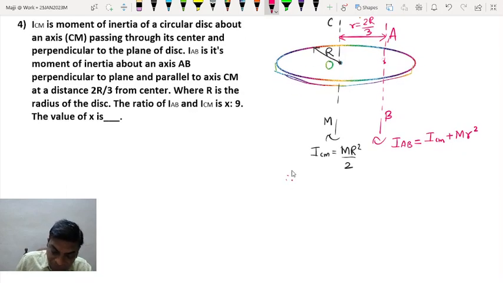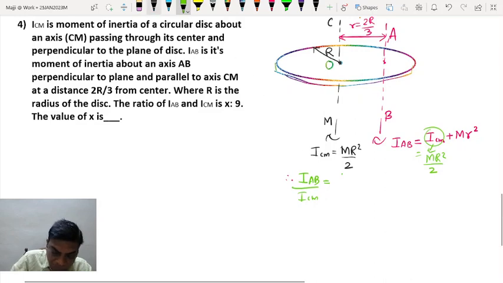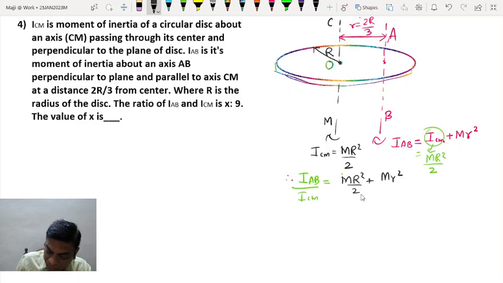So as per the question, we have to find the ratio IAB to ICM. So IAB is, remember, mr square by 2 plus m into small r square, whole divided by mr square by 2.